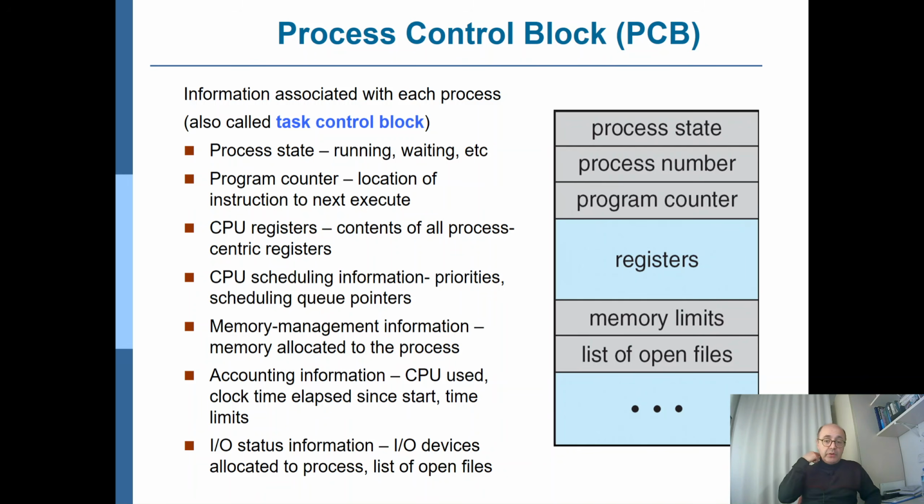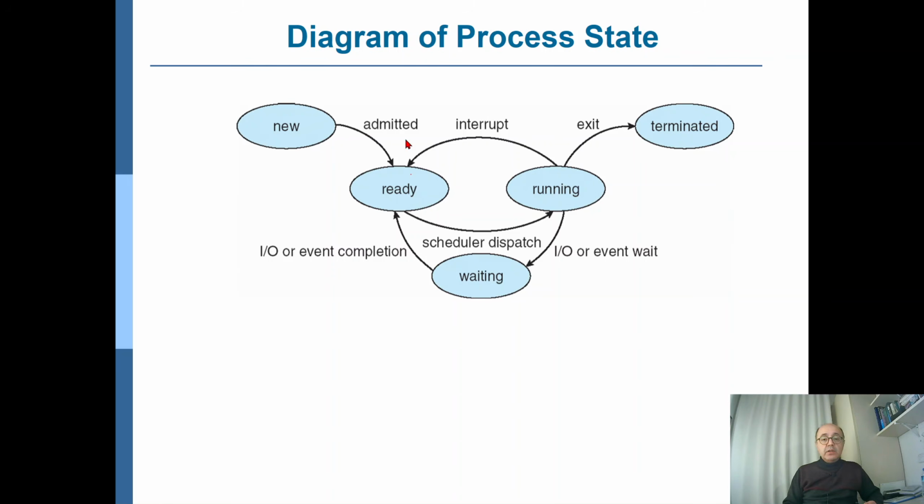Now, note that those registers are in the CPU, but when you're taken from the CPU and put back into the ready state, you don't have the CPU anymore. So what happened to the values in the CPU?